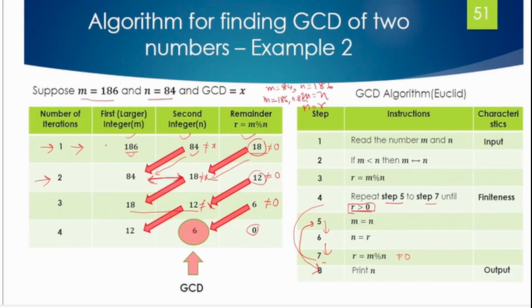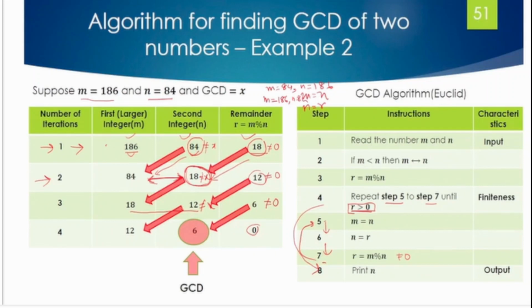Both these numbers will be greater than your r. That is the concept of remainder. So in the next iteration, the value of r will go to the place of n. Since r was the lowest number in iteration 1, the value of n in iteration 2 will be less than the value of n in iteration 1. So this is also decreasing.